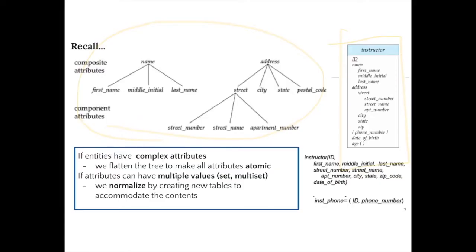And then if attributes have multiple values or a set, for example, the phone numbers ng instructor, what we do is to normalize the instructor table by creating a new table that can accommodate the contents of the phone number. So, gumagawa tayo ng isa pang table na ang laman ay phone numbers with respect to some ID ng instructor. So, you can store all the phone numbers of a given instructor na may ID na ID.